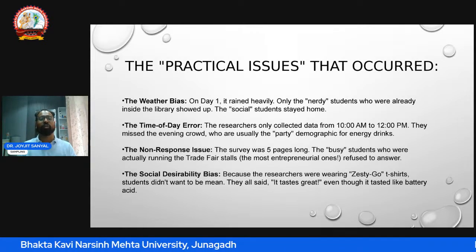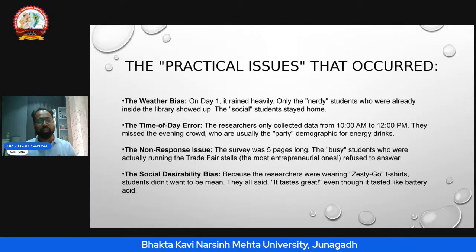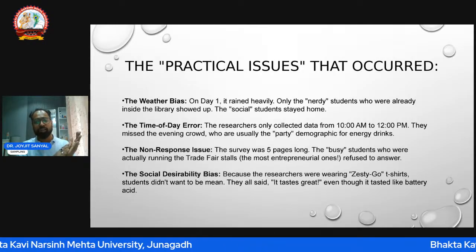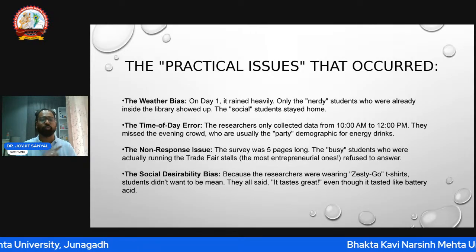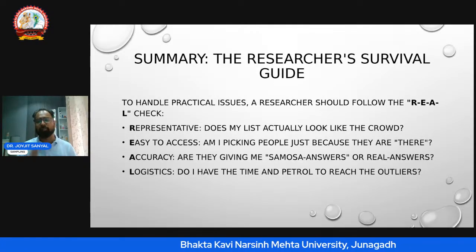So when they commercialize it in the market after huge production, and in reality nobody is purchasing it, nobody is liking it, they are going to get into a loss, right? What data you have collected and what is actually happening is totally different. So this is another practical issue that may happen.